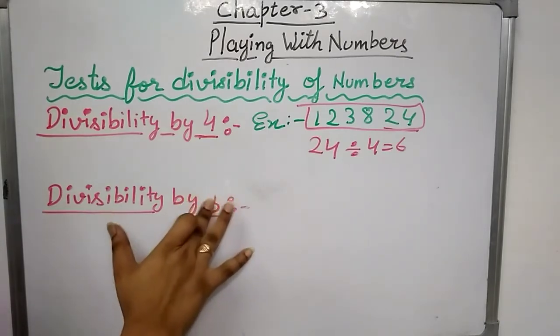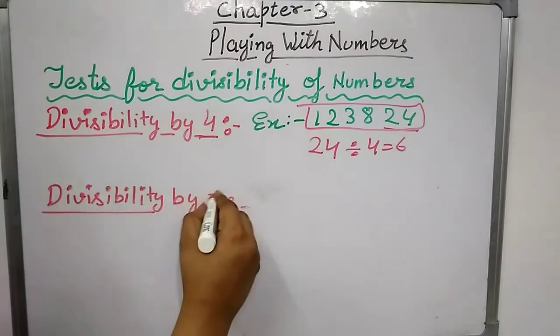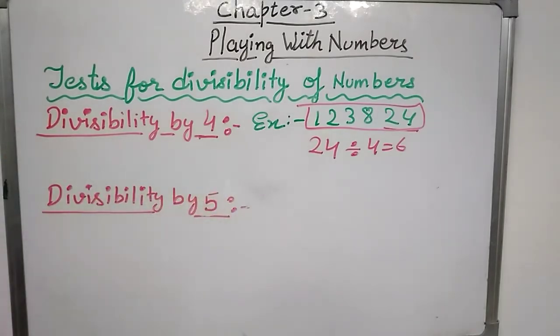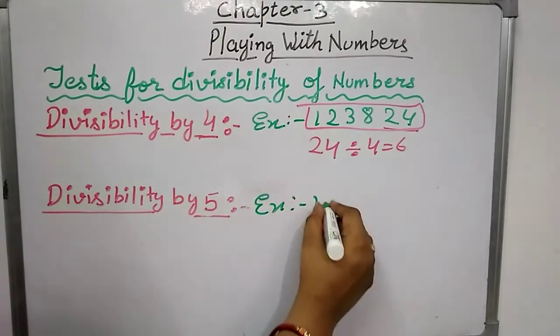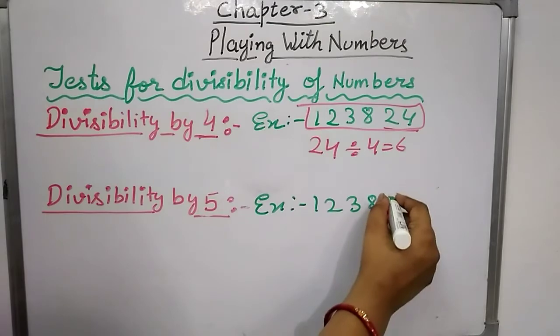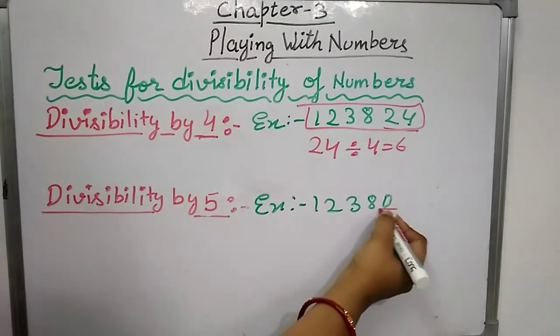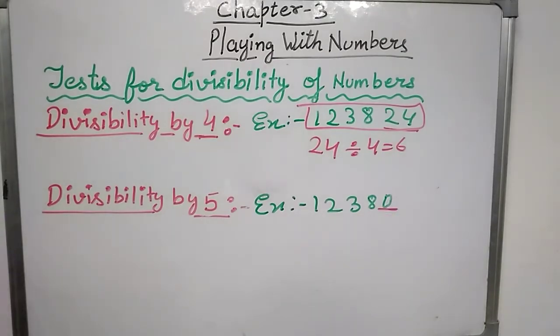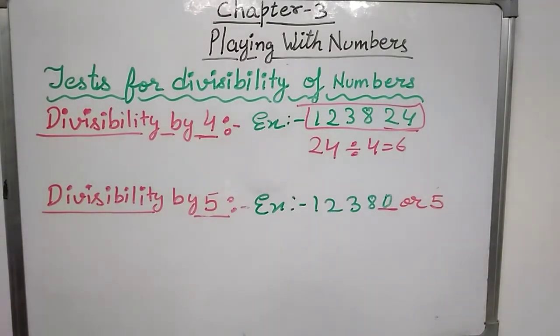Next divisibility test is by number 5. For this, the digit at the ones place should be 0 or 5. Those numbers are divisible by 5.